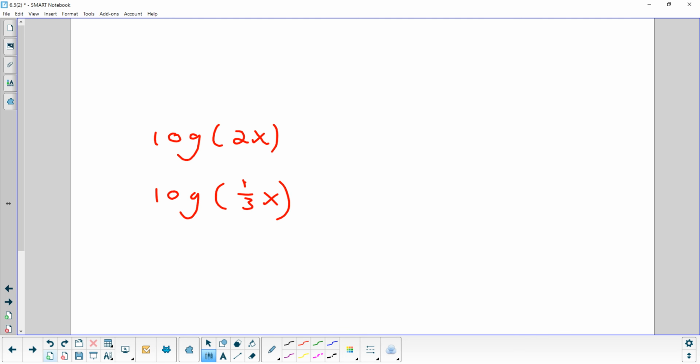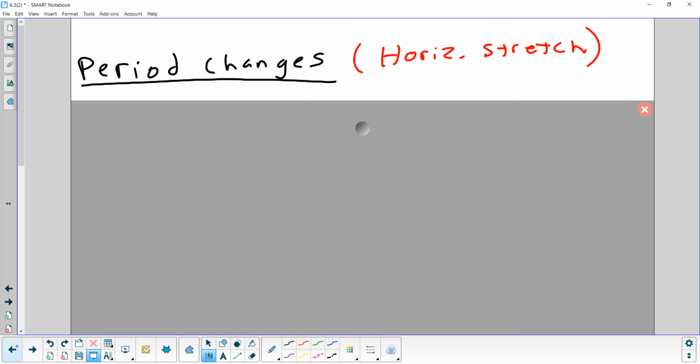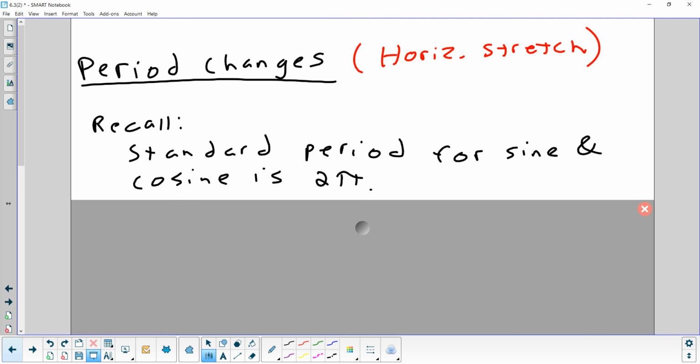That's like saying move down -2. Technically, down -2 would mean up, but that's more confusing to say it that way. So I would describe this as a stretch by a factor of 3 and a compression by a factor of 2. But again, there's other ways to say it.